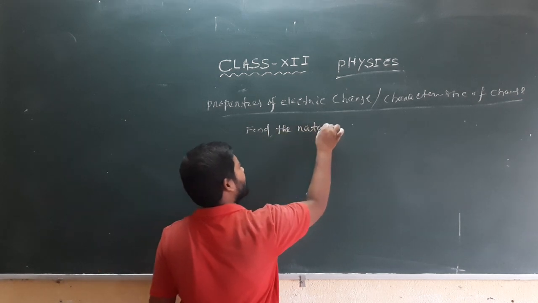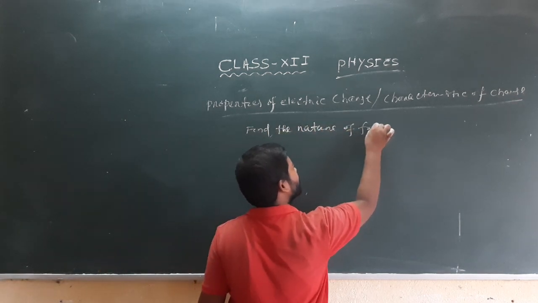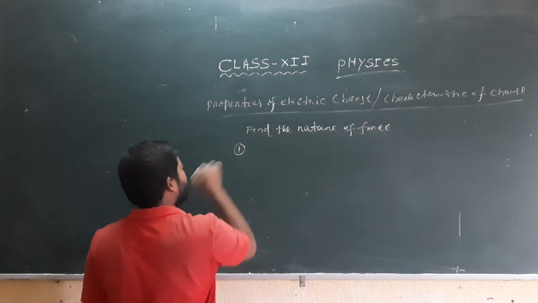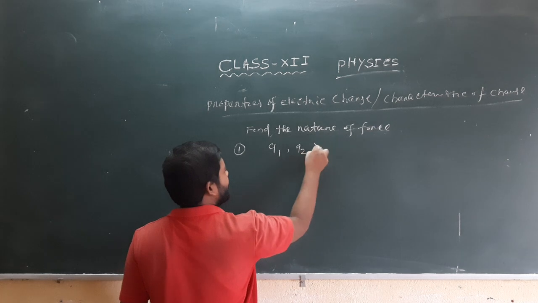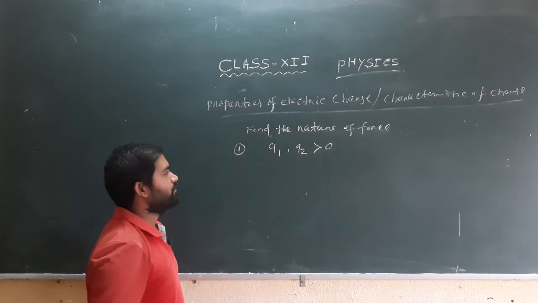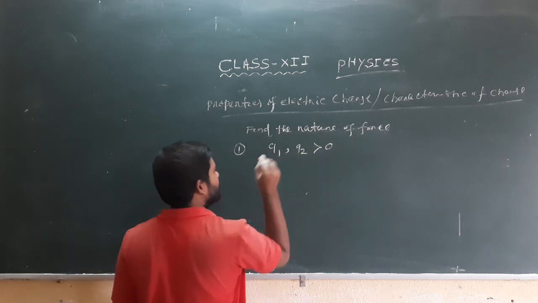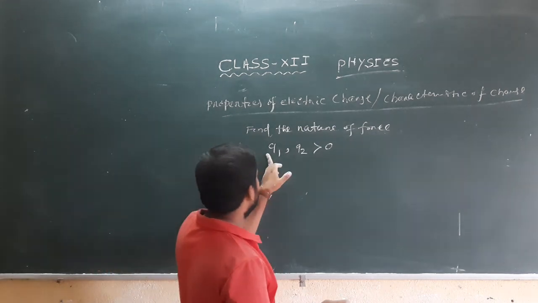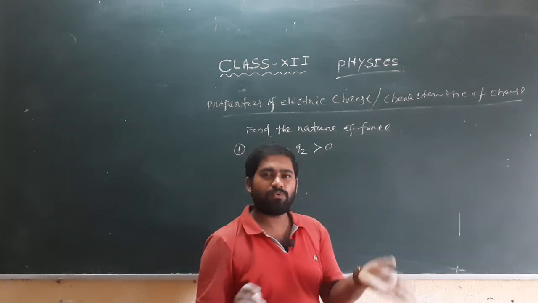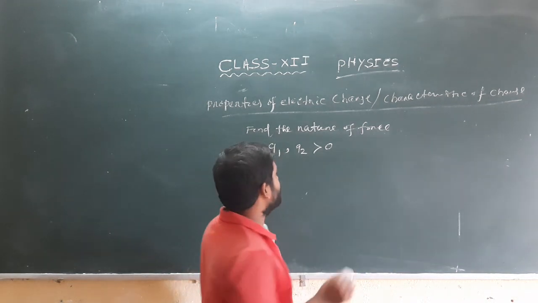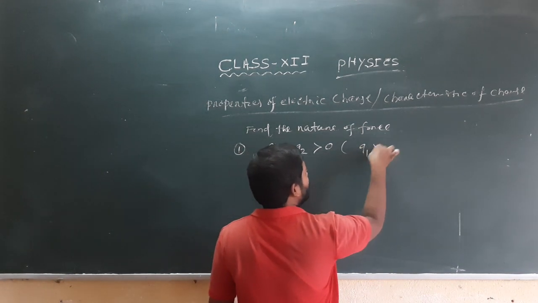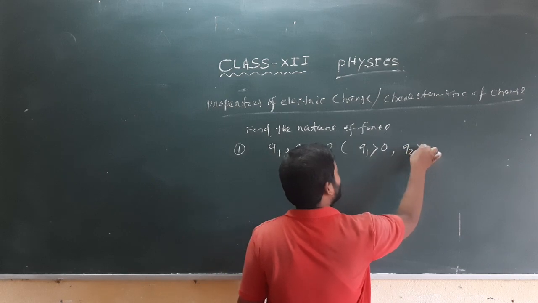First, it is given Q1 and Q2 greater than 0, that is Q1, Q2 with a comma in between. If Q1, Q2 greater than 0, we can say here Q1 greater than 0 and Q2 also greater than 0.